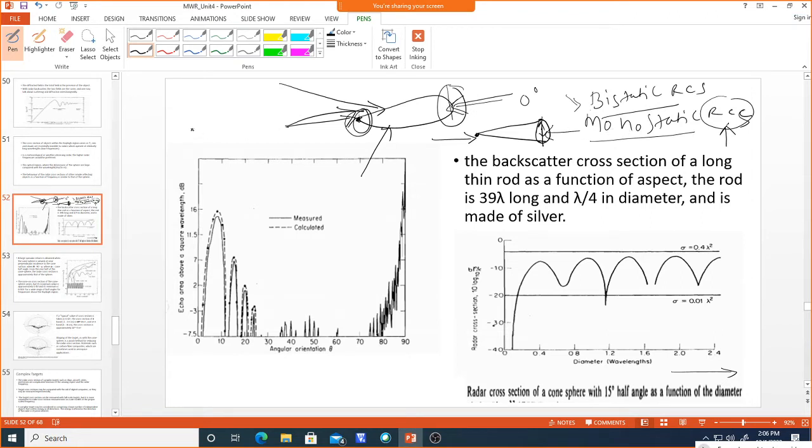Now say for example, this is one horn antenna, and this is another horn antenna. Something is put in between, like a target. This acts as a transmitter and this acts as a receiver.